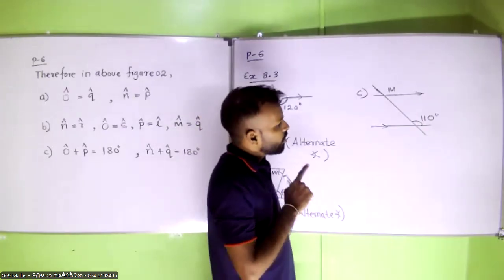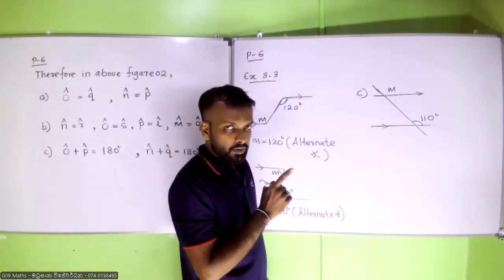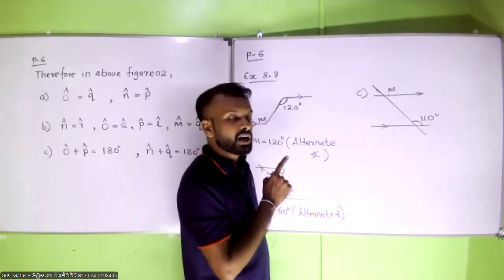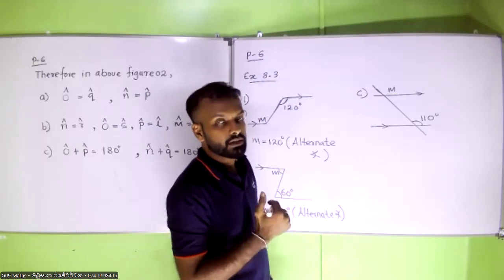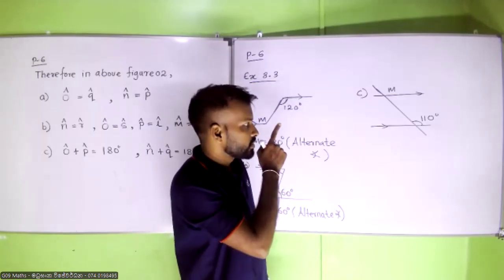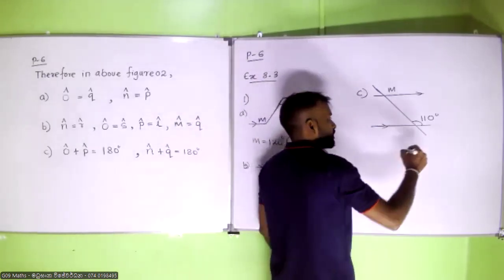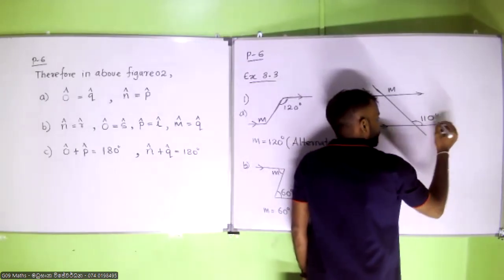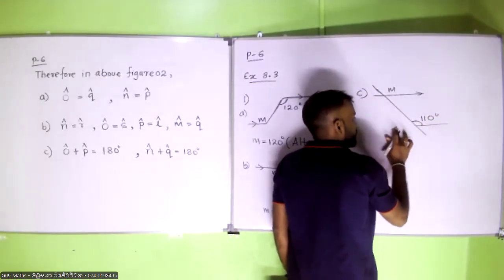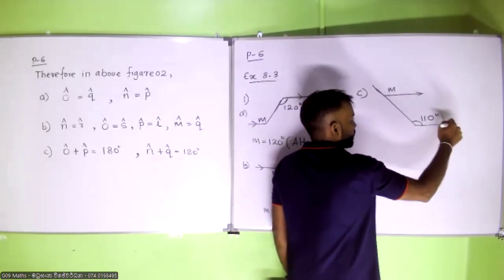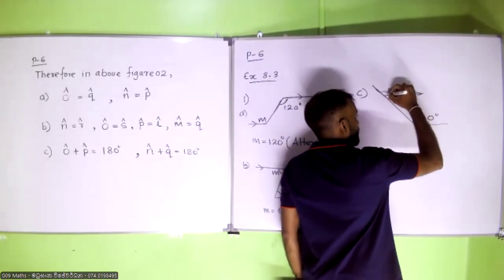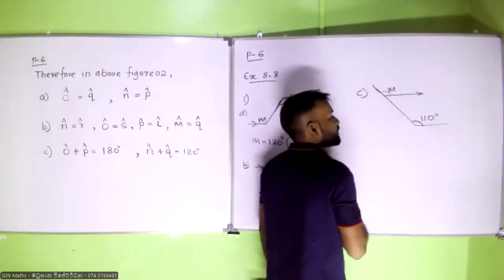Now you are going to identify which type of angle M and 110 are: alternate, corresponding, or allied. This is definitely corresponding, because if I remove these parts, can you see this angle and this angle form an upside-down F type angle.